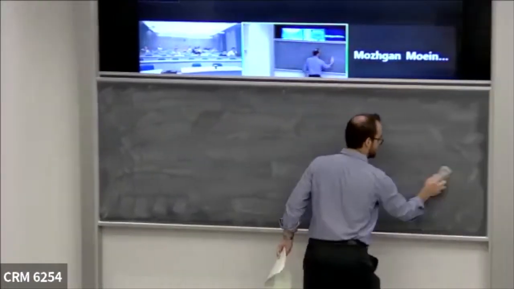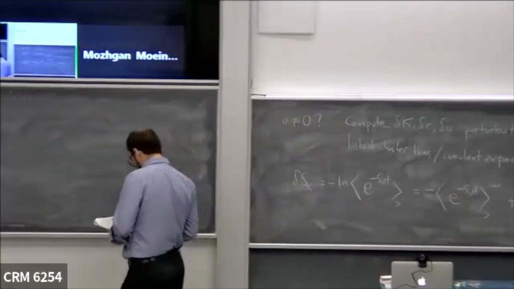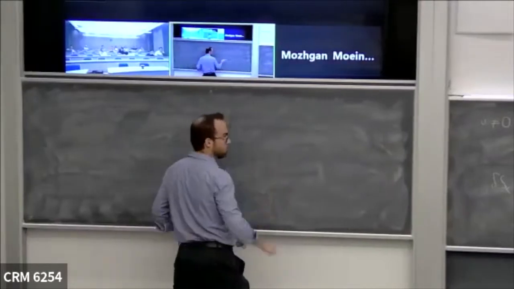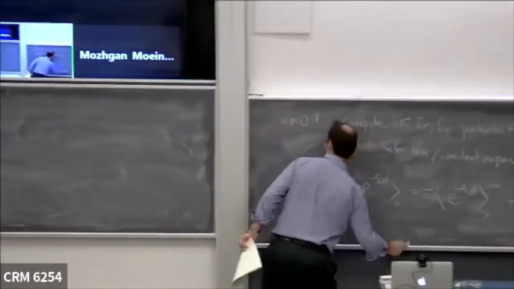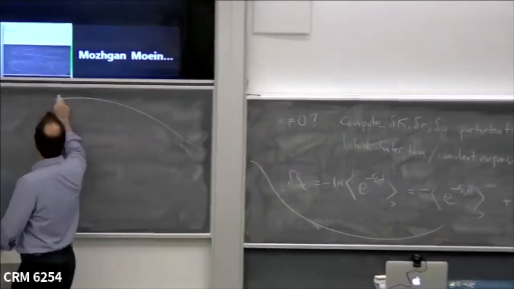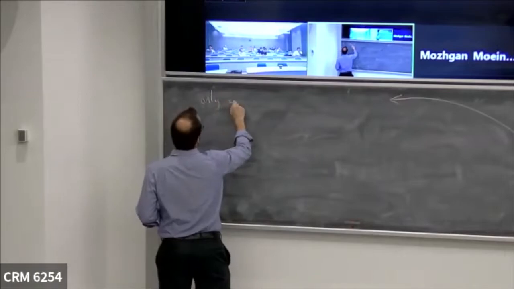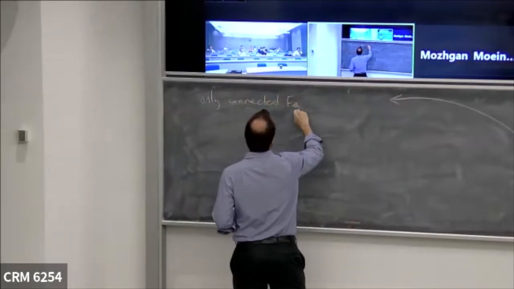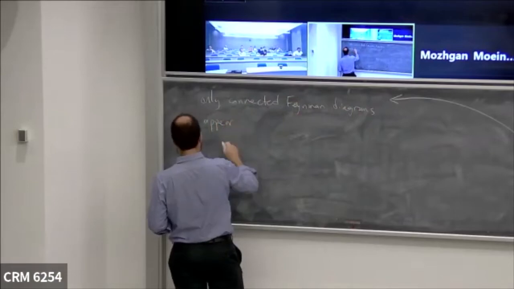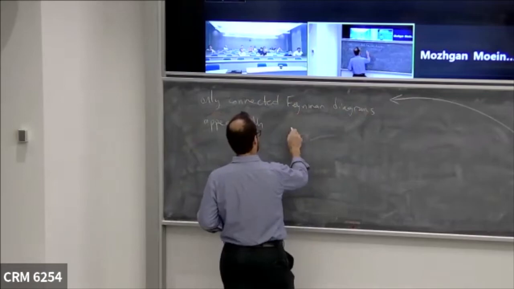At this point, it becomes clear that it's essentially an ordinary Feynman diagram expansion. What I mean is that only connected Feynman diagrams appear. So what are the diagrammatic rules? There are two sets of propagators.